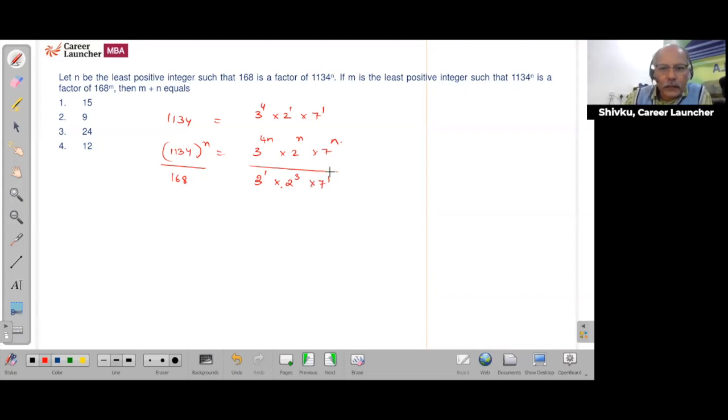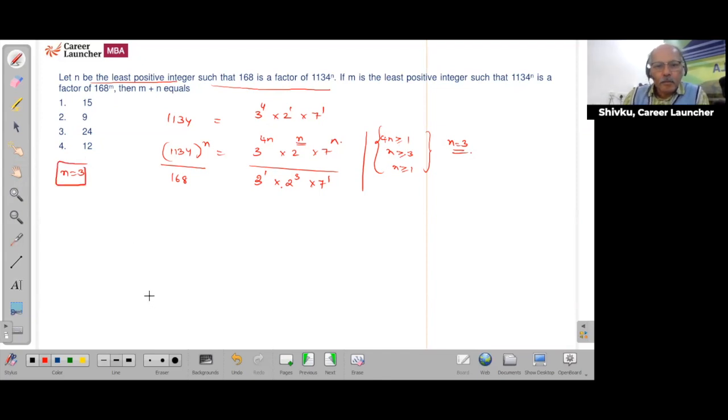Now, if the numerator has to be divisible by the denominator, so 168 is a factor of 1134 to the power of n and n is the least possible value, what is the condition that you will see? 4n has to be greater than or equal to 1, n has to be greater than or equal to 3, n has to be greater than or equal to 1. From these three conditions, the value of n that will satisfy all the possibilities is n is equal to 3. So the least value of n is 3.